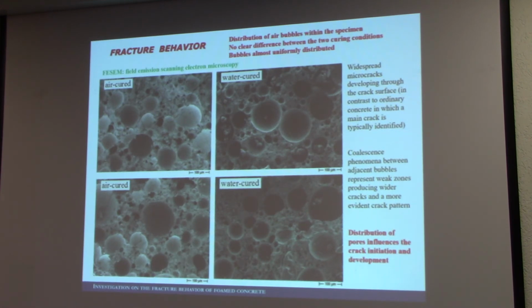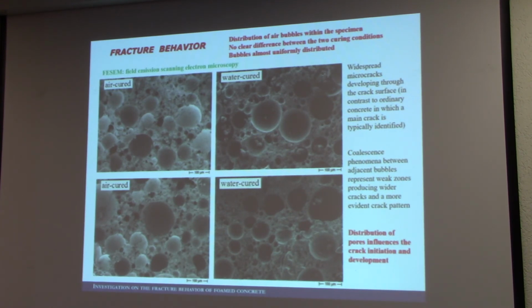And we notice here that the images confirmed that the density is similar, comparable, so we can see that the bubbles, the pores, are of comparable dimension in the two cases, air curing and water curing. But we also notice a more distributed crack pattern in the air curing condition with respect to the water curing condition, and this is obviously influenced by the interaction between the cement matrix and the foaming agent in the two cases.